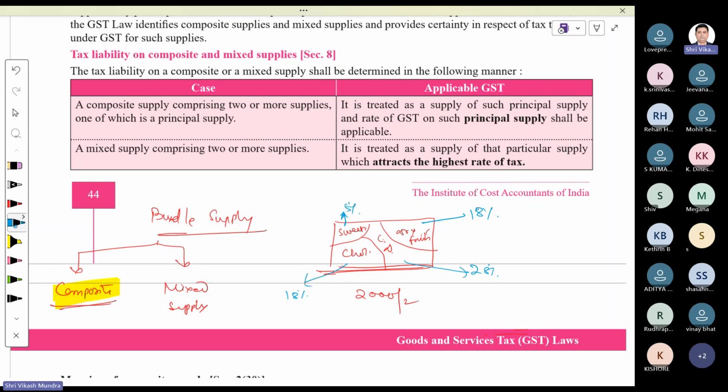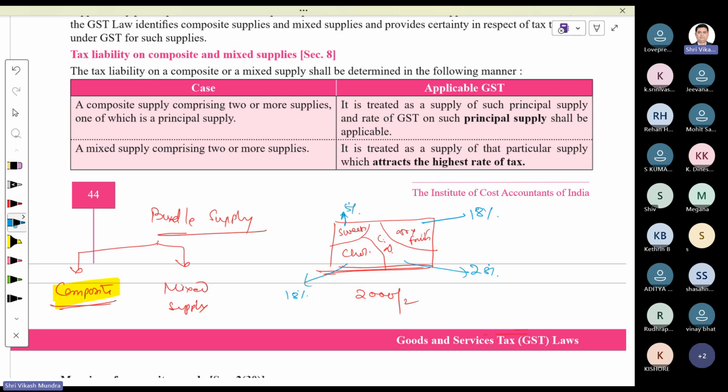In this case, can I say this is a bundle supply? The answer is yes. Can I say any of the supplies involved in the bundle is a principal supply? Could you identify any of the supplies? That means, whether supply of sweets is a principal supply, supply of chocolate is a principal supply, or dry fruits, or supply of cold drinks is a principal supply.